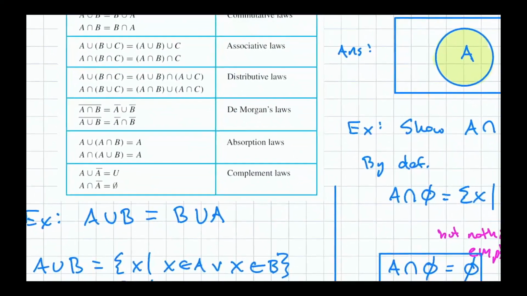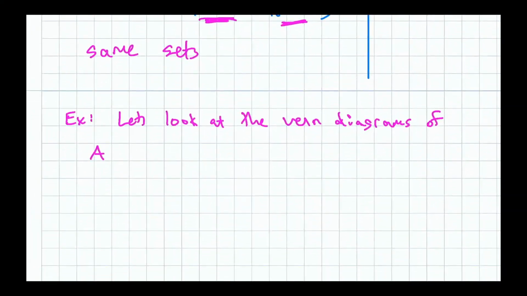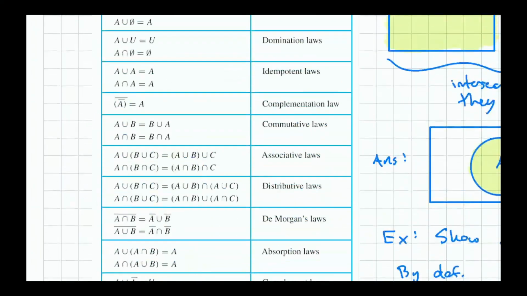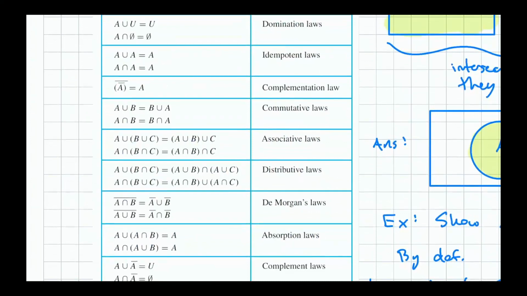So A union B intersect C. And then the other one must have been A union B intersect A union. Sorry, I said union, wrote intersect. C. Those are the two, right? Yes, they are.